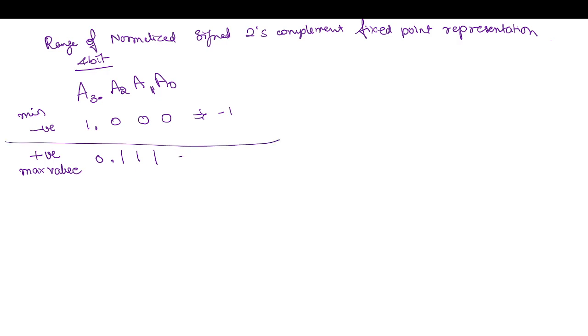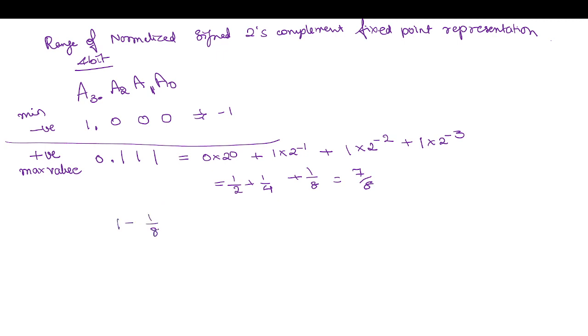So this will be 0 into 2 to the power 0 plus 1 into 2 to the power minus 1 plus 1 into 2 to the power minus 2 plus 1 into 2 to the power minus 3, which is 1 by 2 plus 1 by 4 plus 1 by 8, which is 7 by 8. So this is like 1 minus 1 by 8.